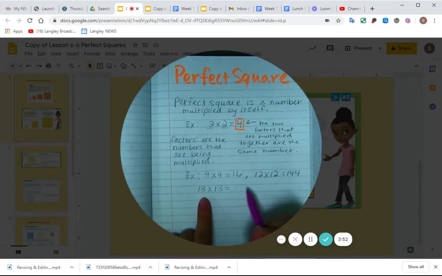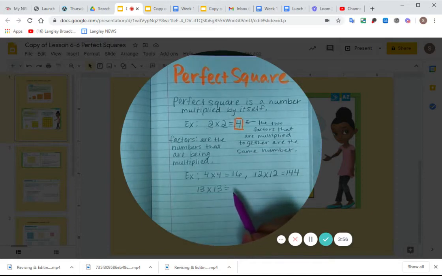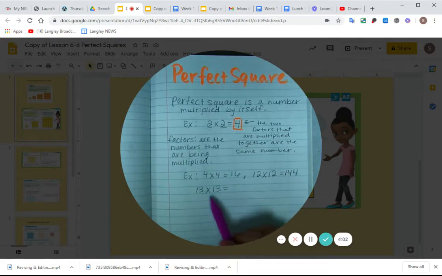But whatever answer I get for 13 times 13, that will be a perfect square answer because the two factors that are multiplied are the same factor. It's the same number that's being multiplied together, okay?